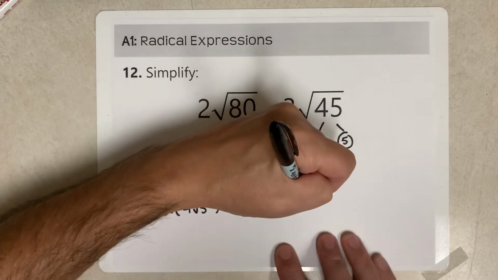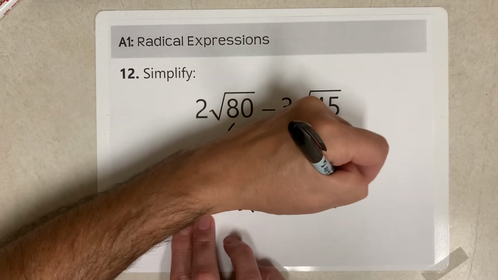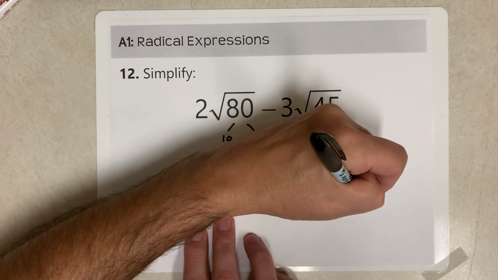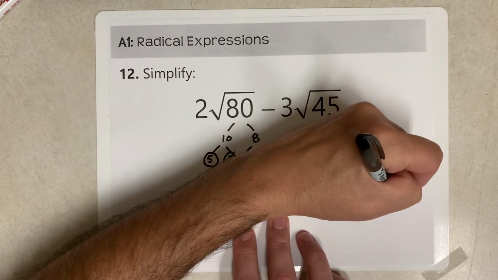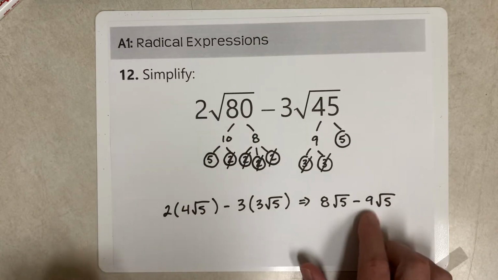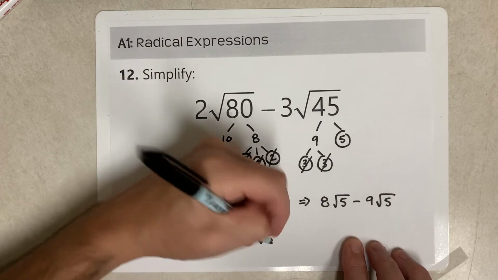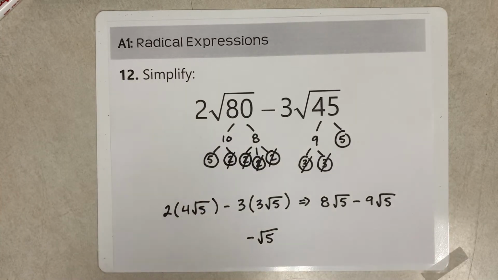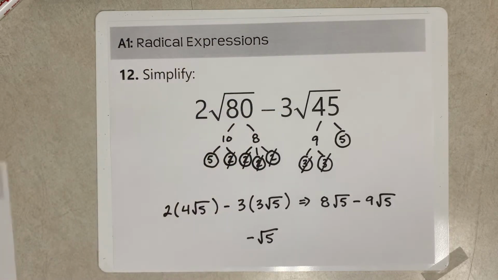So here we have now 8 root 5 minus 3 times 3 is 9 root 5. 8 take away 9 is actually -1, so -1 root 5 for our final answer. So yes, you can get negative answers with these. It just depends on the structure of the original expression.